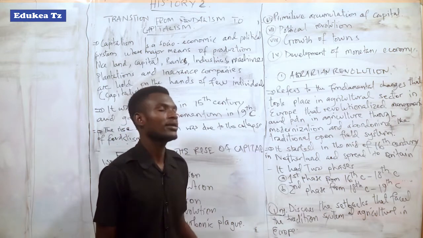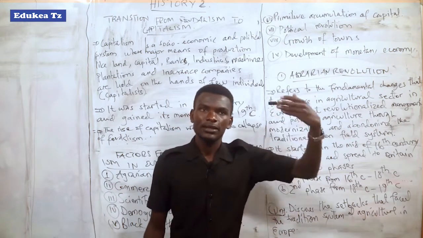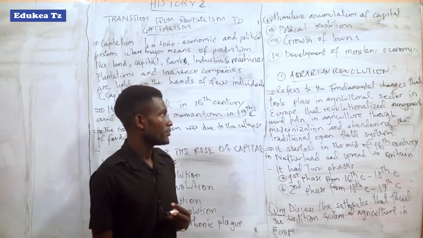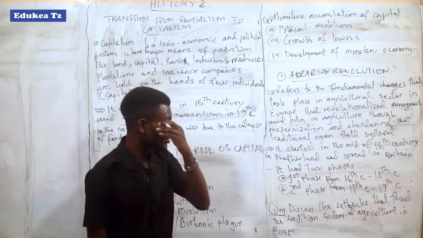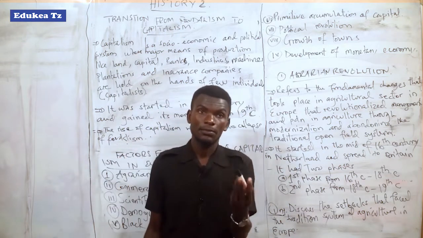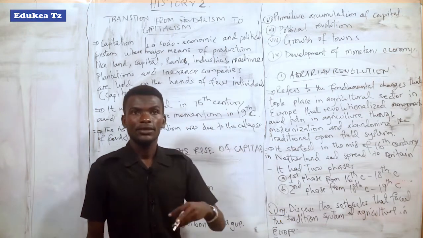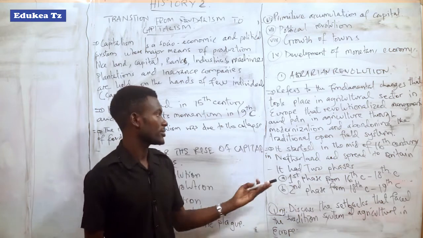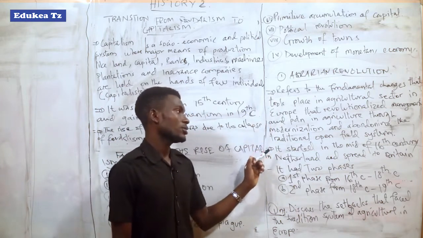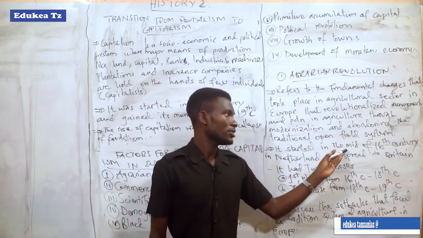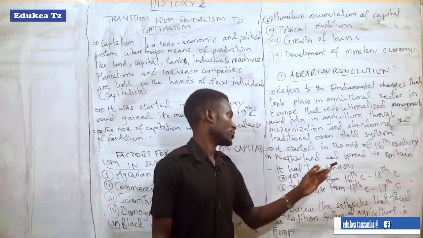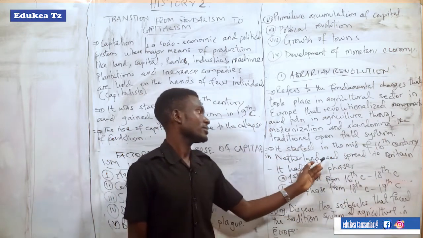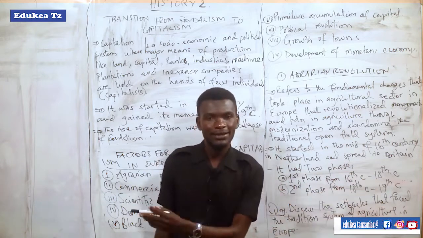It means here agriculture has come into being by using various modern methods of agriculture, the use of fertilizers, and other things. Agrarian revolution started in the mid 16th century in the Netherlands and spread to Britain and other nations.